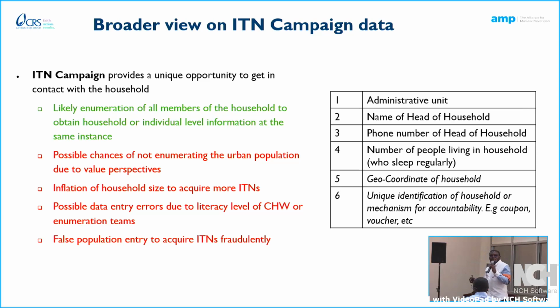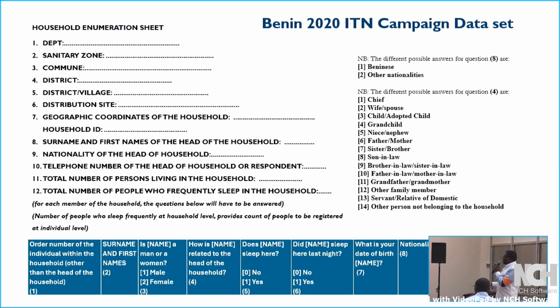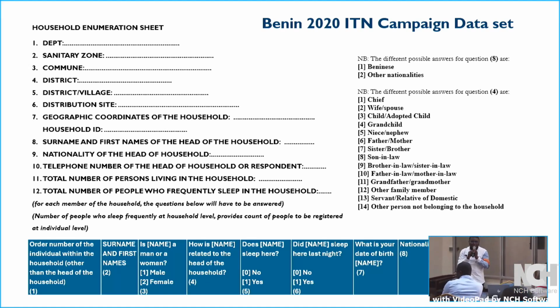Now, let me just show you a major shift to this trend in one of the countries I will actually be presenting in a few minutes. So, this was the data set that was collected in the 2020 ITN campaign in Benin. So, as you can see, we have a total of 12 primary data points.